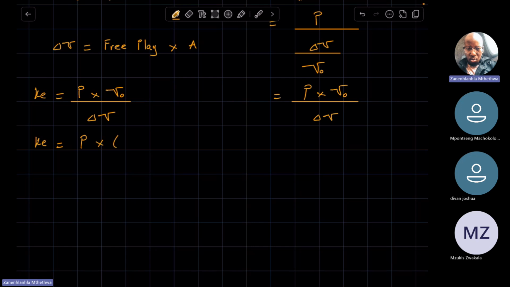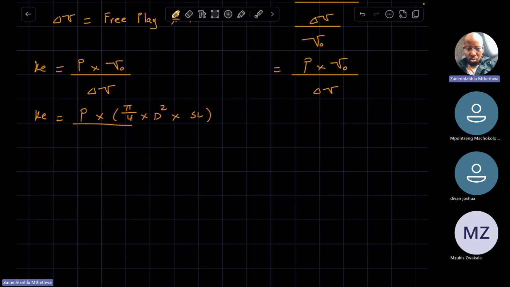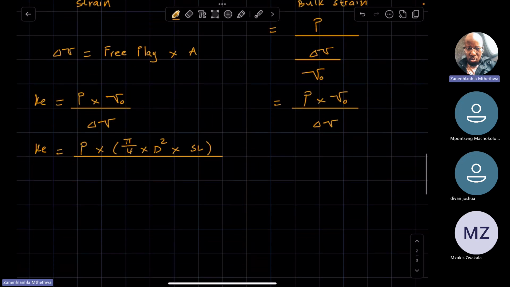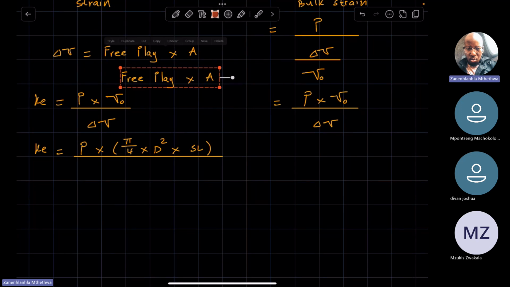Original volume is equal to the area, so pi over 4 times the diameter squared times the stroke length. This gives us the original volume of the piston. So divided by the change in volume, which, as we've said, is equal to the free play times the area.